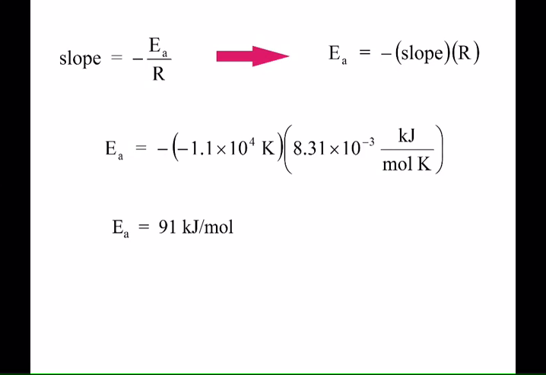To 2 sig figs, your activation energy is 91 kilojoules per mole. What a nice, pretty number. And all activation energies will be endothermic, so they'll all be positive.